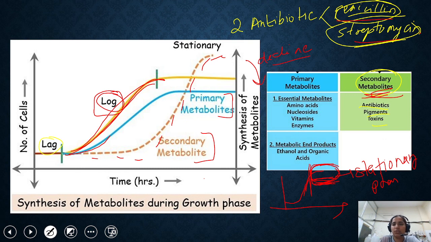So you must know the difference between these two. Examples of primary metabolites are amino acids, nucleosides, vitamins, enzymes, and other products. Different toxins are also produced as secondary metabolites.